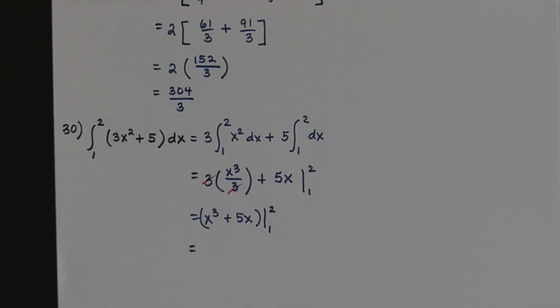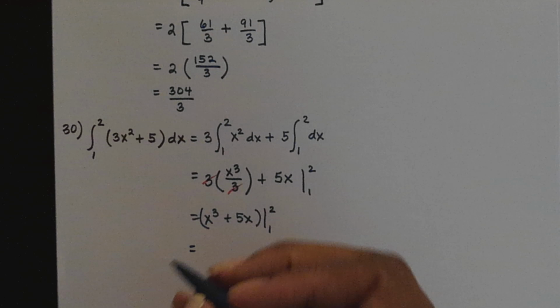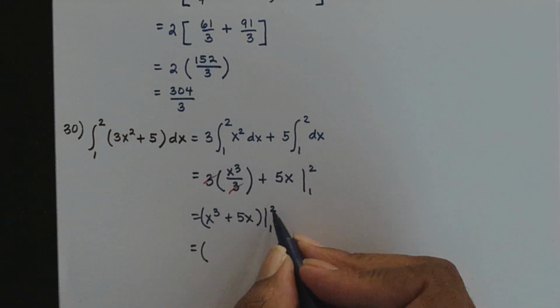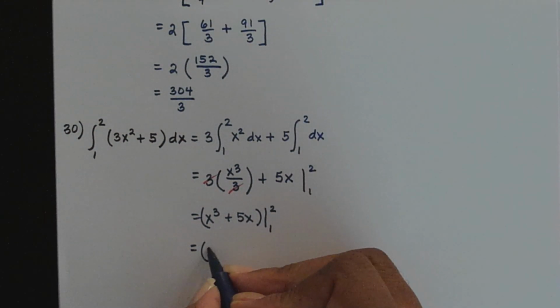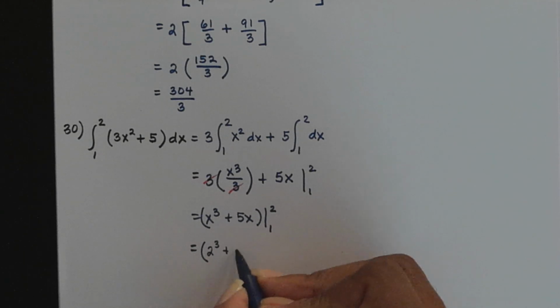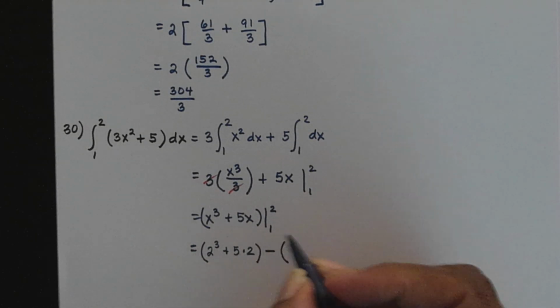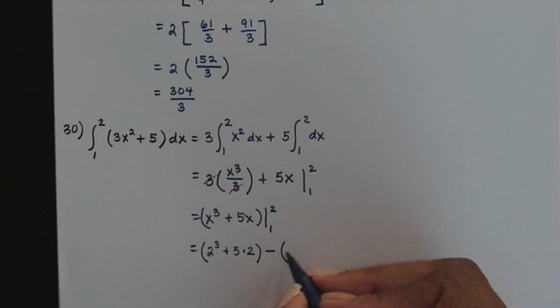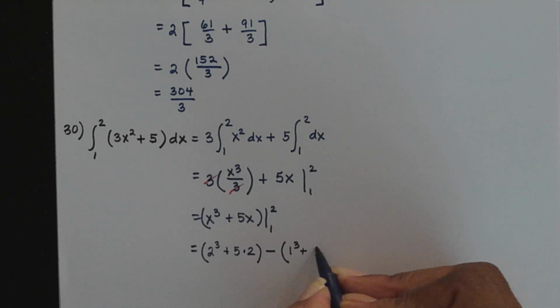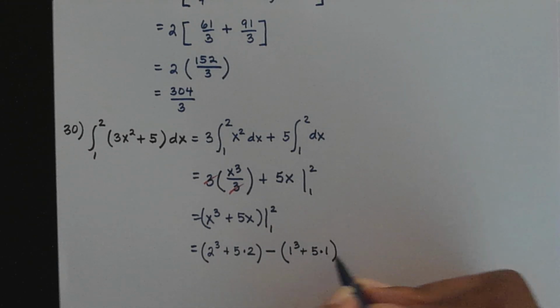And from here we do the upper limit minus the lower limit. So here, substitute your x with the 2. It'd be 2 cubed plus 5 times x, which is 2, minus then the lower limit. 1 would be put in place of x, so it'd be 1 cubed plus 5 times 1.